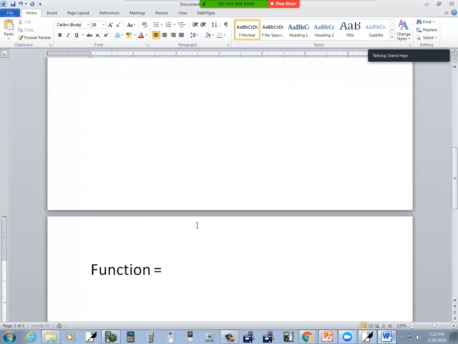Now a function says for every x, there is only one y. For every car that is running, there is only one driver at any given time. If the car is not running, of course, you could have various people that might potentially be the driver at that point.